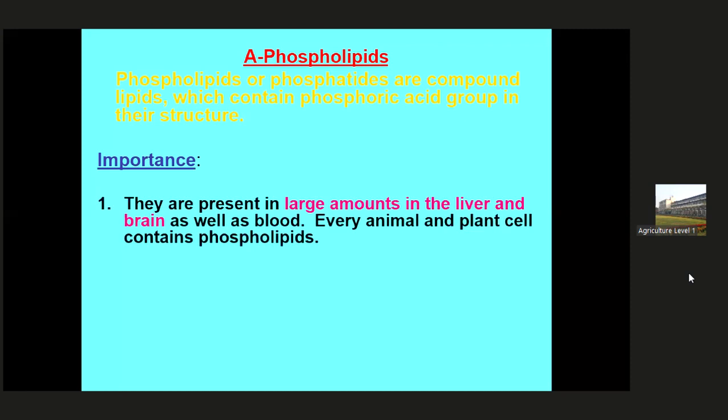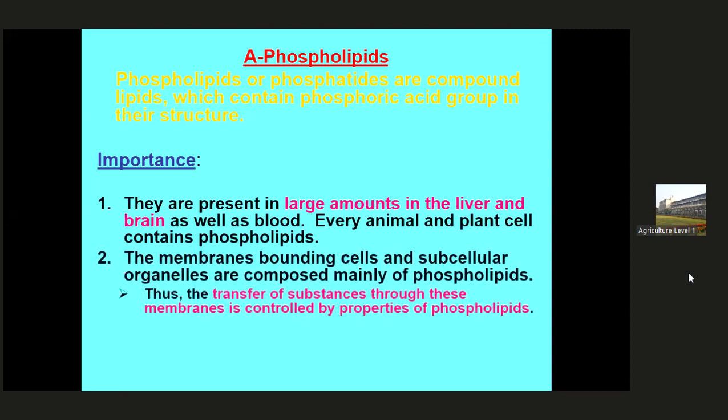This entry and exit depends on the structure of the membrane, and the membrane of the cell is produced by phospholipid. So it is a very important function of phospholipid, the production of the cellular and subcellular membrane, and a very large amount of phospholipid is present in the liver and brain.